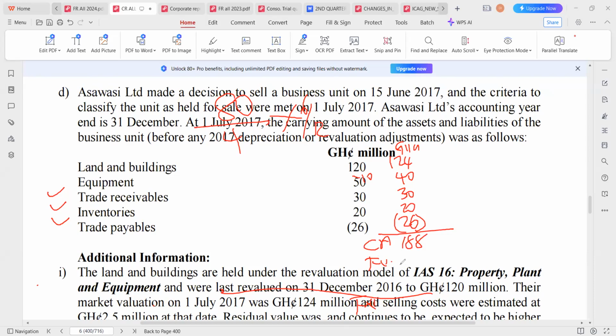Then the current amount is what? And the fair value less cost to sell is what? 200. So which one do you pick? 188. Good. And then the examiner asked what will be the total assets that can be classified as held for sale? Among them, there are some assets that don't qualify.